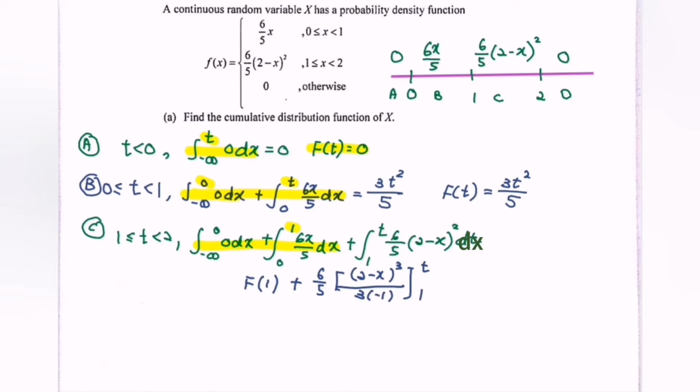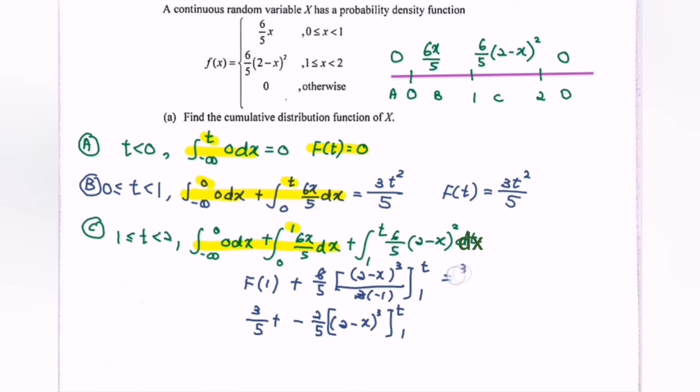Kindly simplify the situation. So we have f of 1 which is equal to 3 over 5 plus, if we simplify this part, we will have negative 2 over 5 multiplied with 2 minus x bracket to the power of 3 with the limit t and 1. So kindly substitute the situation.